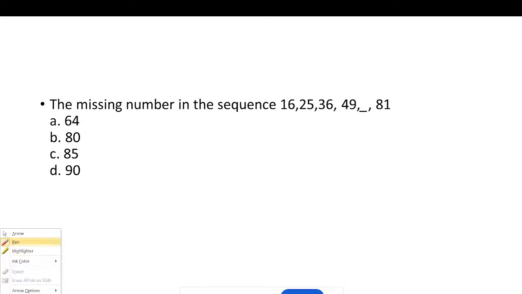Just squares of the numbers. 4 square, 5 square, 6 square, 7 square, next is 8 square. Value is what? 64.